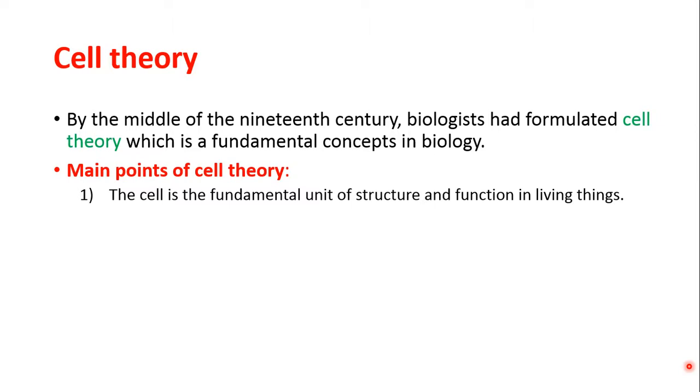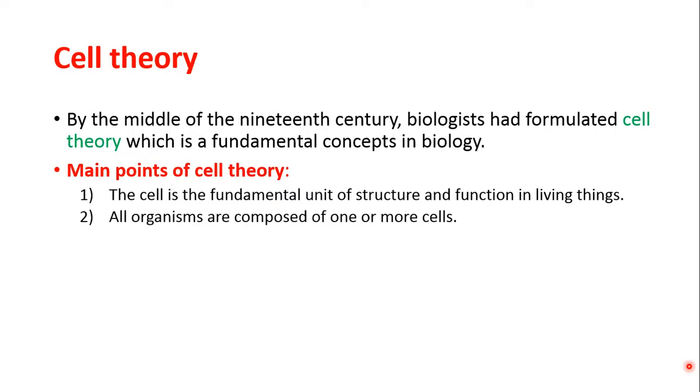The cell is the fundamental unit of structure and function because every function depends upon structure, and every structure is made up of a single unit, that is the cell. In a unicellular organism, for example Paramecium, only one cell forms the whole life of that organism. Similarly, in colonial and multicellular organisms, many cells combine together and form an organism. So in all organisms, the cell is the fundamental unit that forms the structure and function of that living organism.